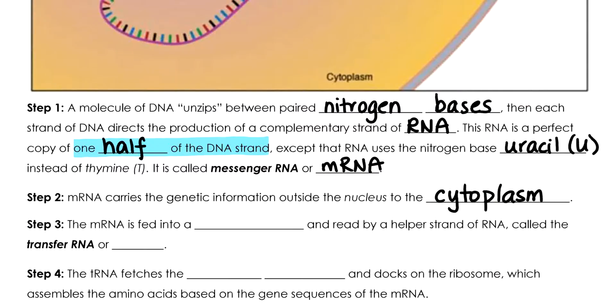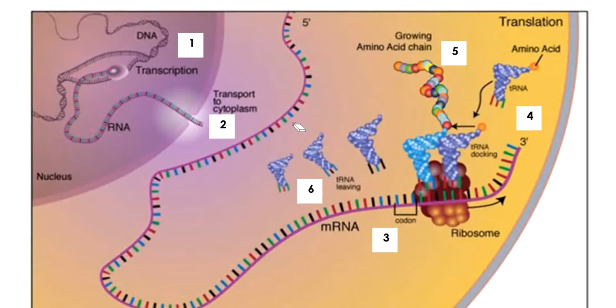Here, the mRNA is fed into the ribosome and read by a helper strand of RNA called the transfer RNA, or tRNA. In the diagram, you can see the strand of mRNA being run through the ribosome in one direction.